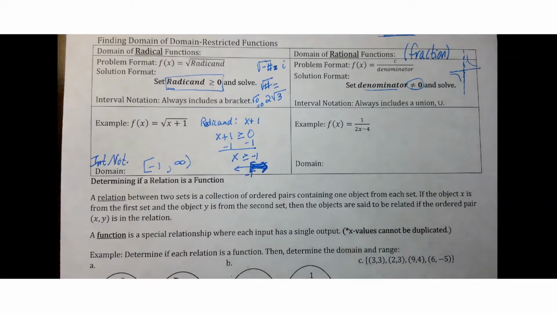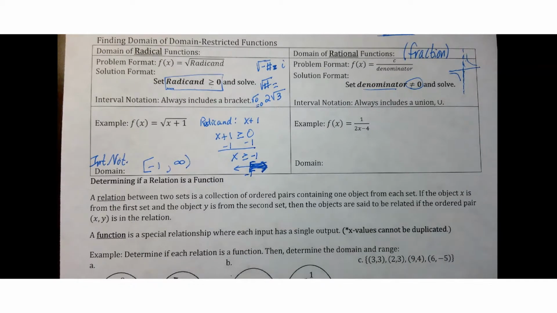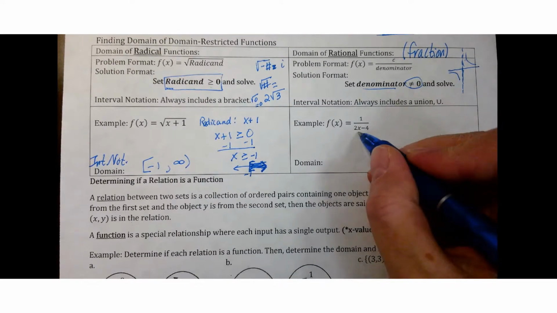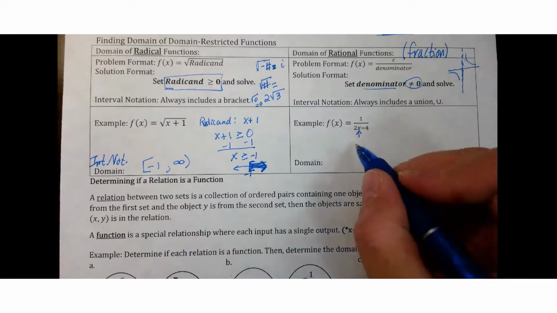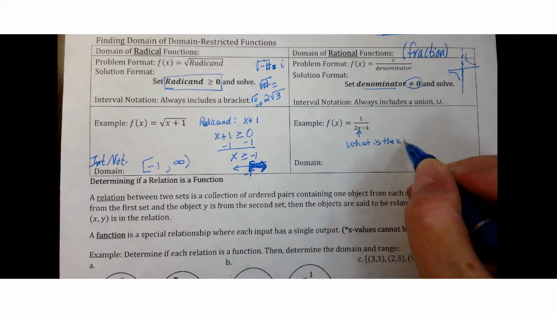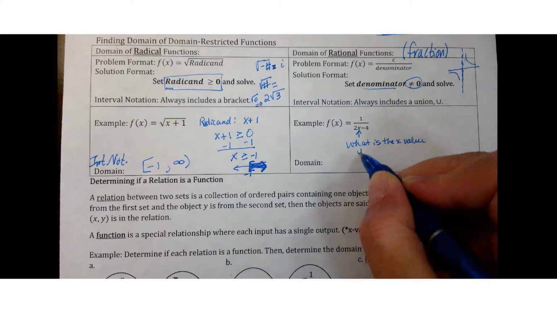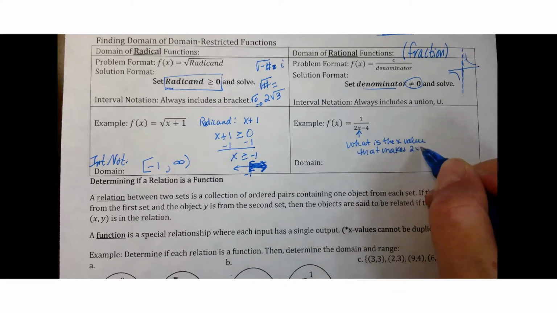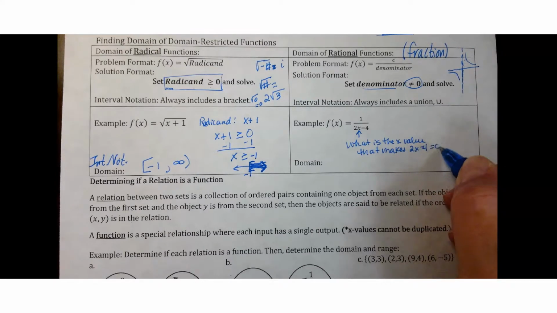And again, going back, we also talked about this with rational equations when you had all those fractions in the problem and we had to figure out, is this a valid solution? Does this make this 0? Same thing here. So what I'm trying to find is, what is the x value that makes 2x minus 4 equals 0.